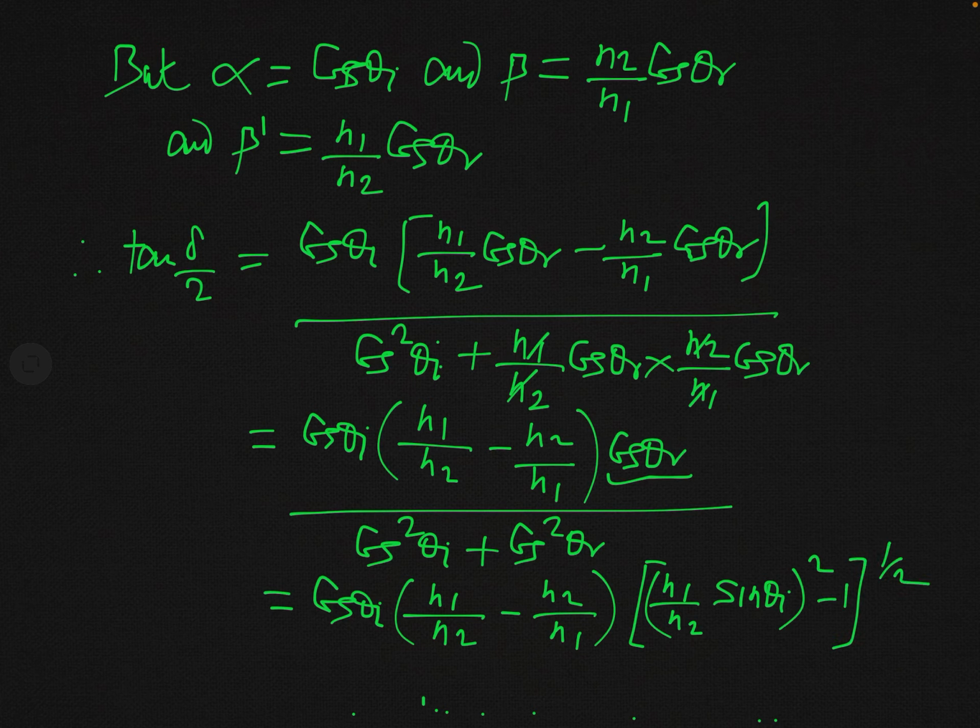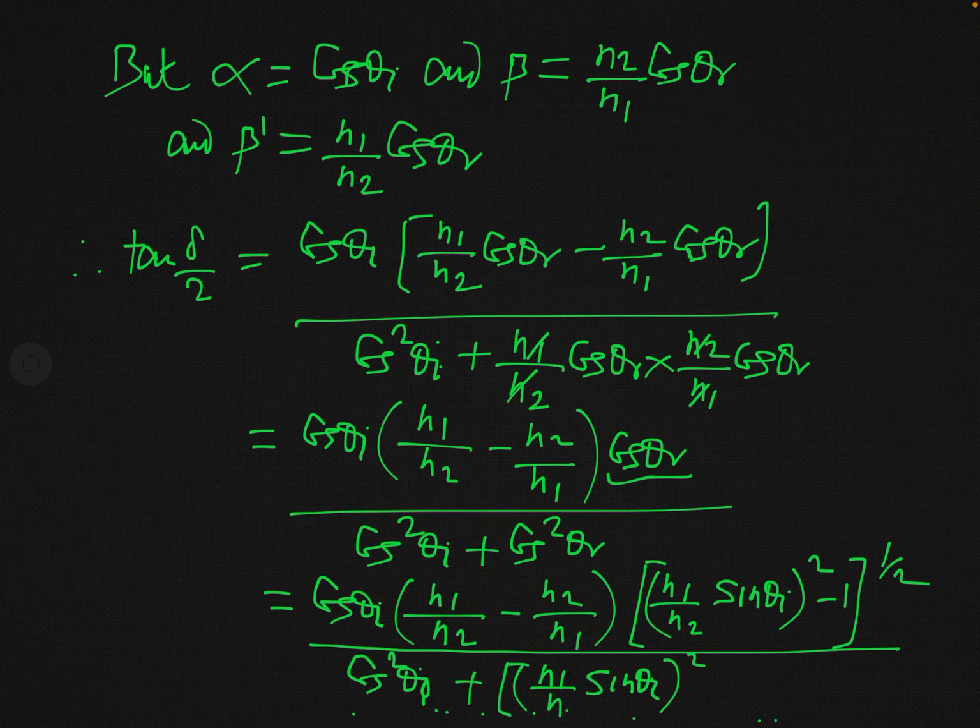So cos theta r can be written as n1 by n2 sin theta I square minus 1, whole to the power half. And similarly in the denominator you can write cos square theta I plus, instead of cos square theta r, n1 by n2 sin theta I whole square minus 1.